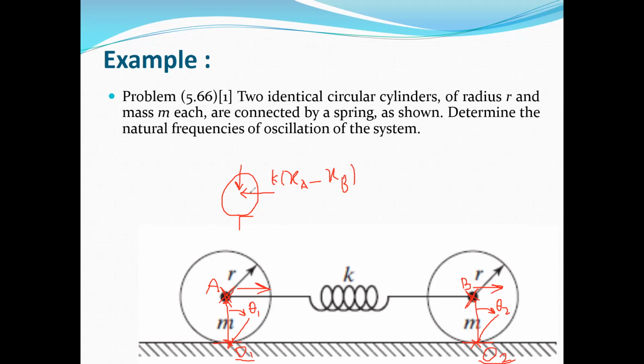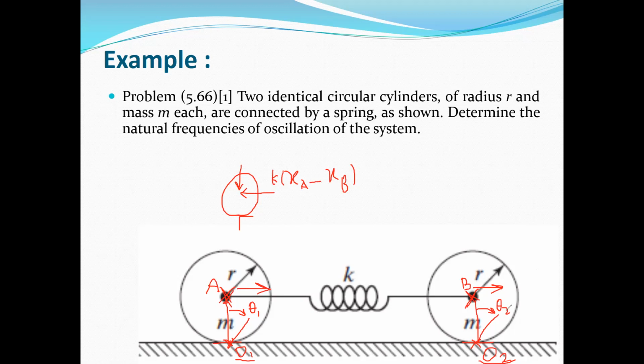So here we assume that the force in the spring is compression. When you assume that the force is in the compression direction, the displacement of point A will increase this compression, but the displacement at point B, which is to the right, will decrease this compression, because point B is going to the right. So it will pull the spring and decrease the compression in the spring. So we consider a negative.